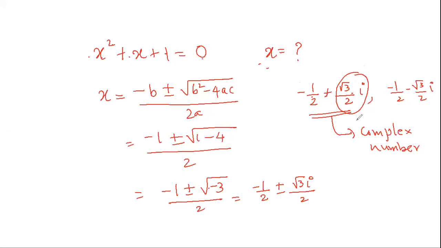So whenever I write a complex number, it has two parts, a real part and an imaginary part. The real part is a, the imaginary part is b. For example, 3 plus 4i is a complex number. We usually denote a complex number by z. The real part of this complex number is 3, and the imaginary part is not 4i, only 4.